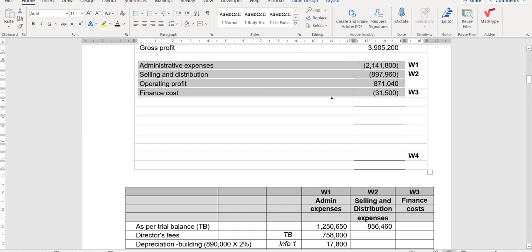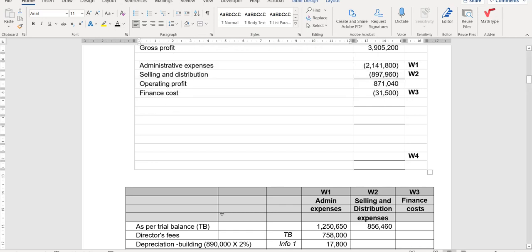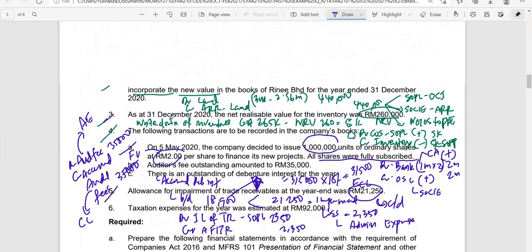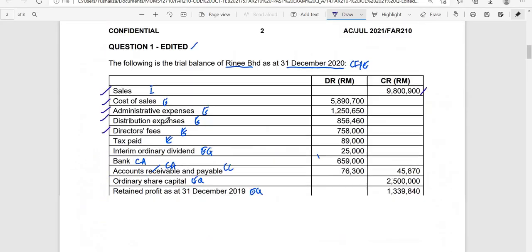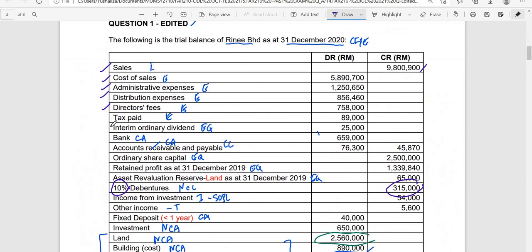Finance costs. Right, now we go on and look at one item that is in our trial balance. After we have done that, you would notice that I'm trying to pick up things that are within the statement of profit or loss. There is one item here, income from investment and other income. Other income will be put as one line item. Income from investment also will be put as one line item in the statement of profit or loss.